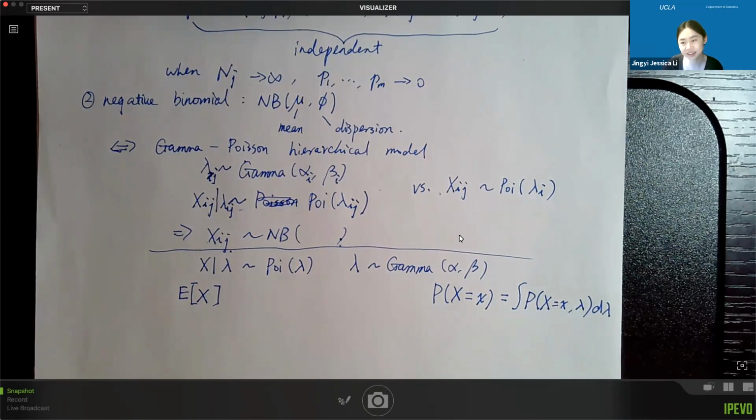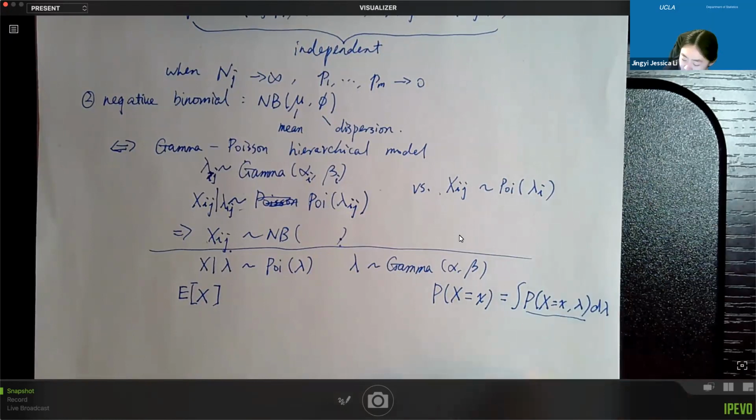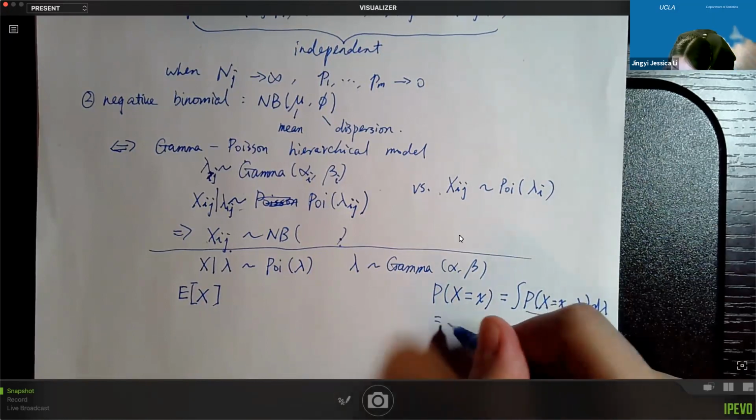But if we only look at X, then X has only two values, 0 and 1. So for X equals 0, we consider lambda being 0 and being 1, and we take the sum of those two joint probabilities. That will be the marginal probability of X equals 0. The same thing applies to X equals 1.